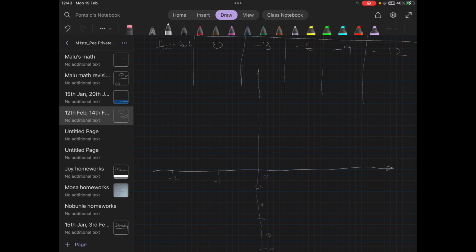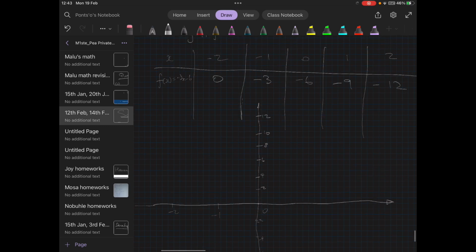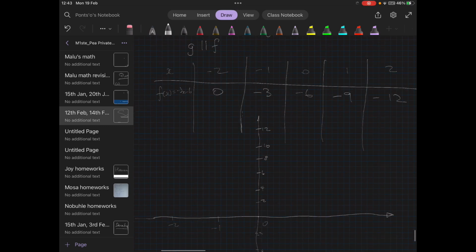Those are negatives. 2, 4, 6, 8, 10, 12. All right. And now we're told that the point 1, x is 1.